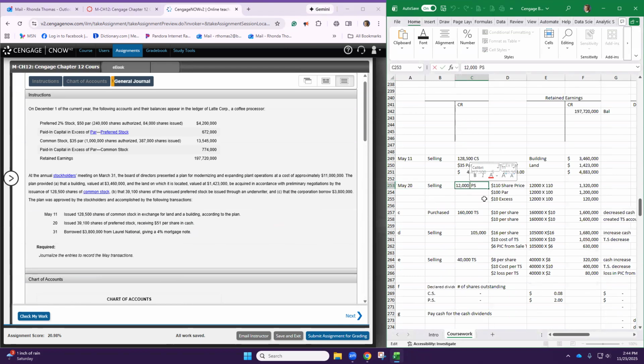selling 39,100 shares of preferred stock, right? And their share price is $51. So we'll take 39,100 times $51 here.